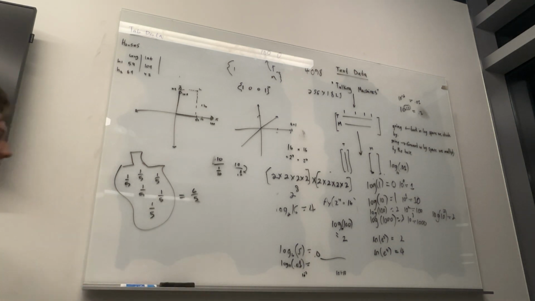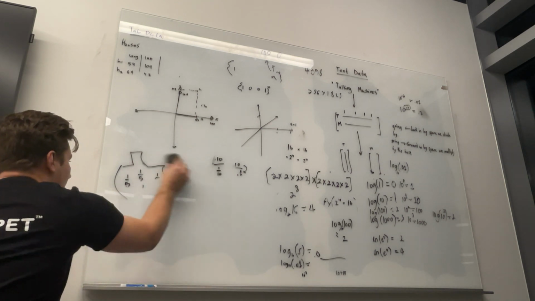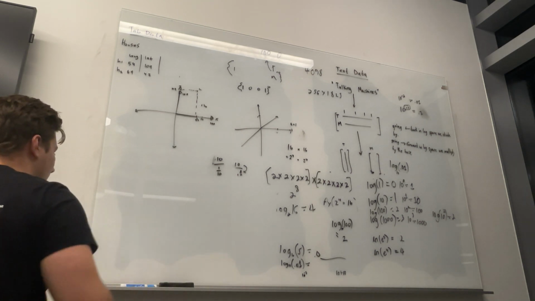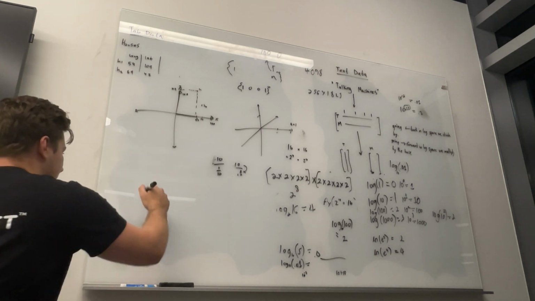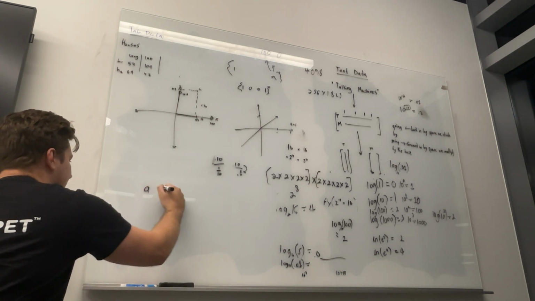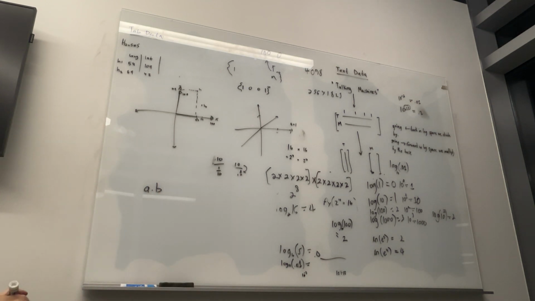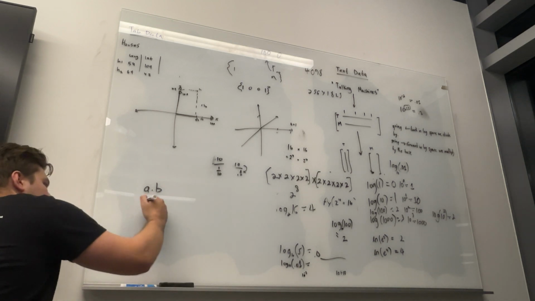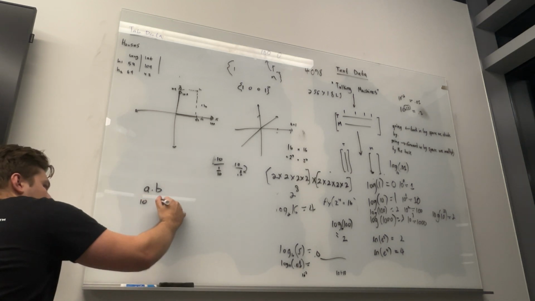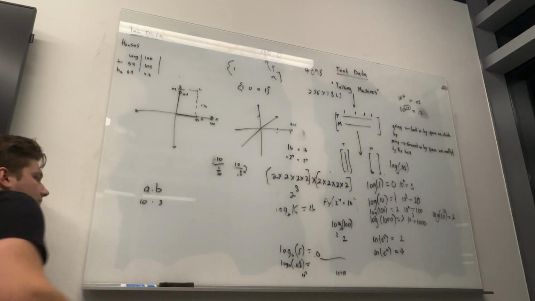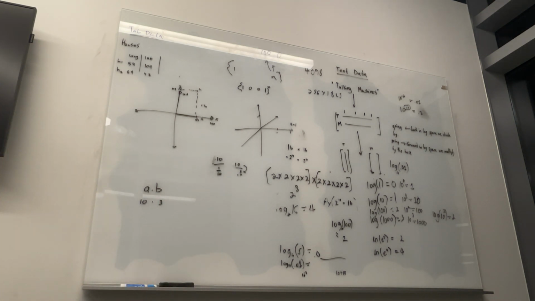Another good one to do is the operator A times B. Say A is 10 and B is 3.